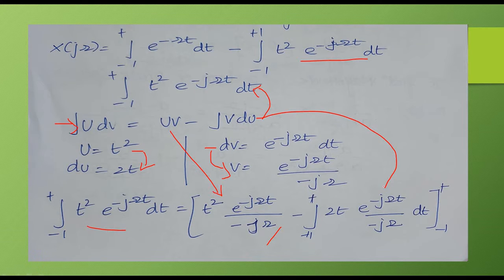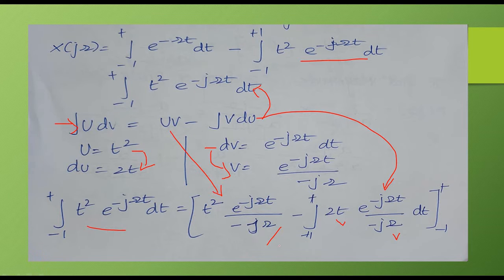Integral v du is this one. V is e power minus j omega t by minus j omega. And your du is 2t dt. So integrating between the limits minus 1 to plus 1 throughout.